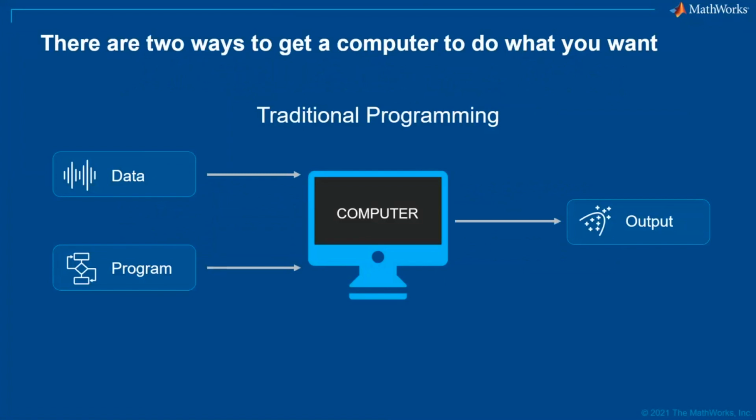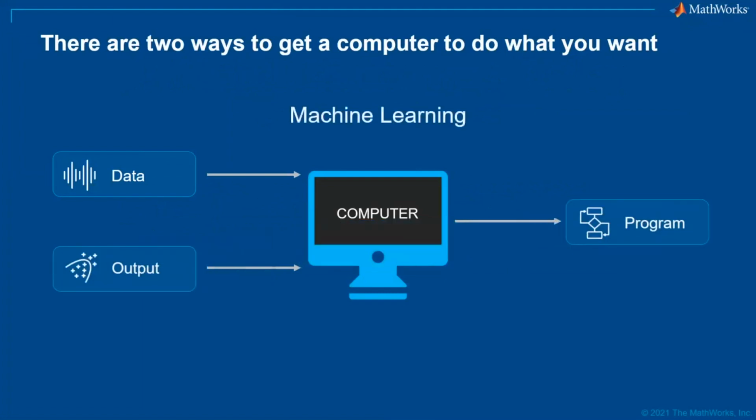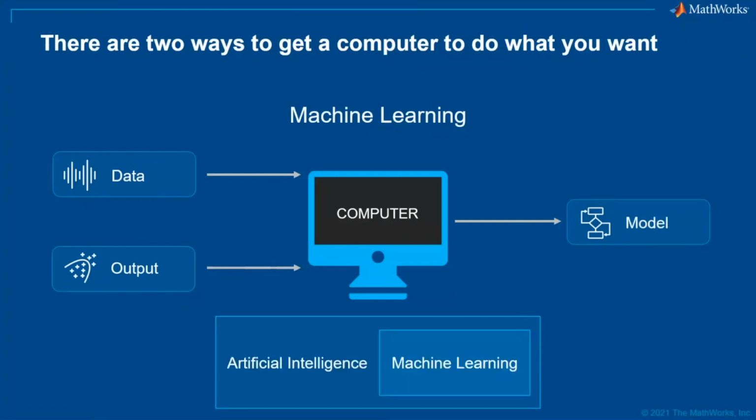But in machine learning, this gets flipped. We have the data, we have the desired output, and we want the computer to give us a program. Technically it's not accurate to talk about programs here. We talk about models.